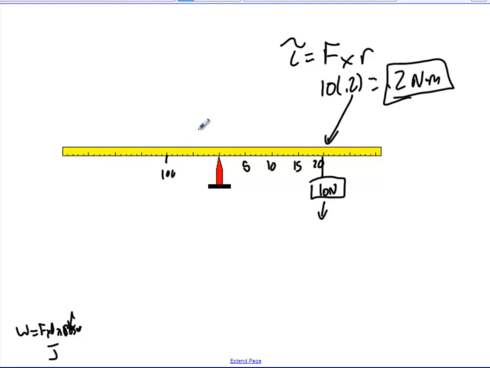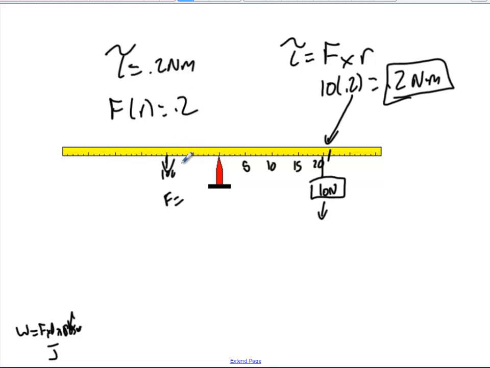Now, back to the question, how much force do I need to apply over here to balance this? Since I want to have an equal but opposite torque, I want my torque over here to also be 2 Newton meters. Since the direction of the force is going to be down, we've already taken care of the direction. So that means my force times my lever arm is 2.